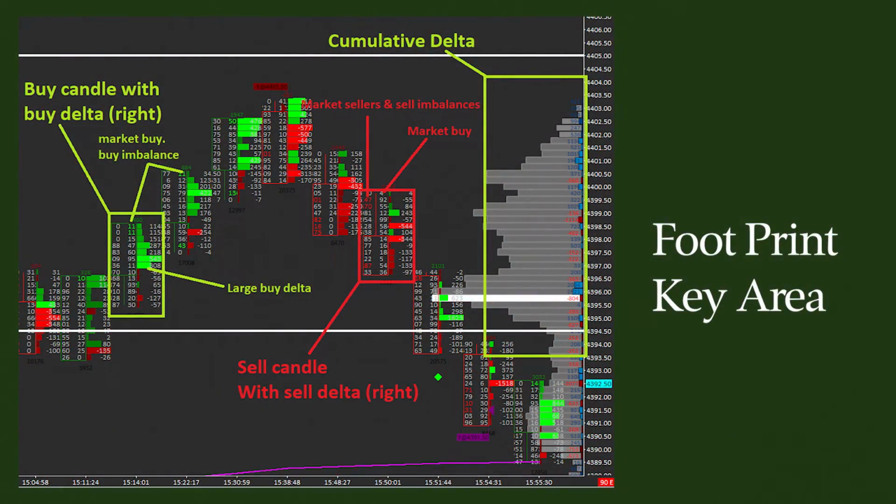When we look at the footprint, the real way that I've found most beneficial is understanding how delta in individual candles actually shapes up and the reactivity of that shape up of delta. So each candle, if I use a 12-tick chart, you can use any kind of chart realistically, has delta around the candle the way that I've broken it down.